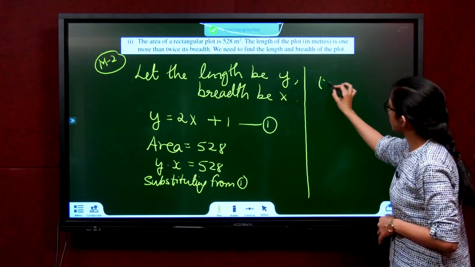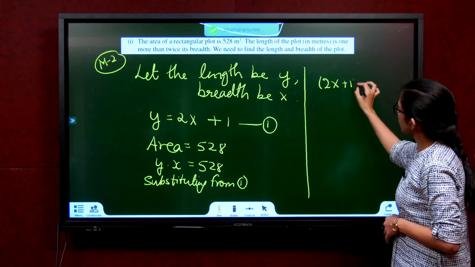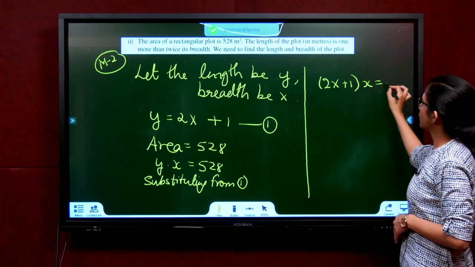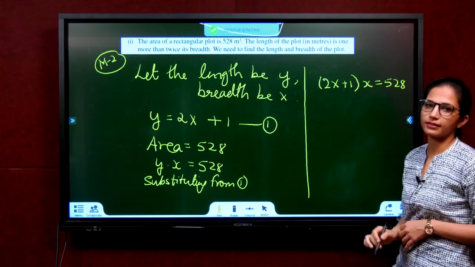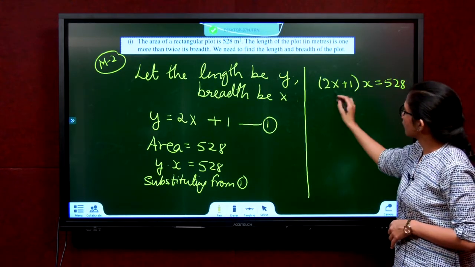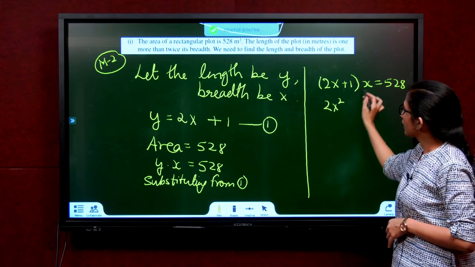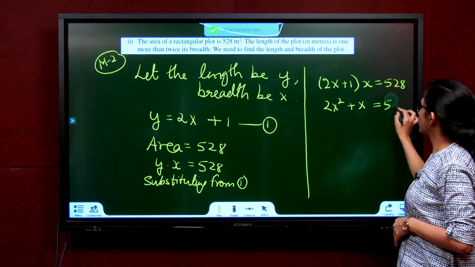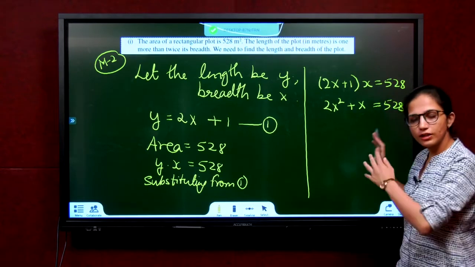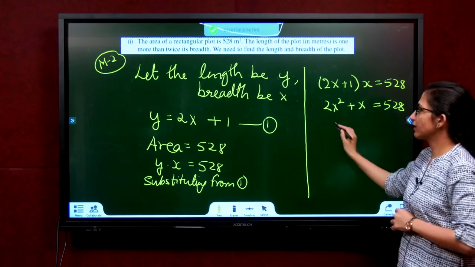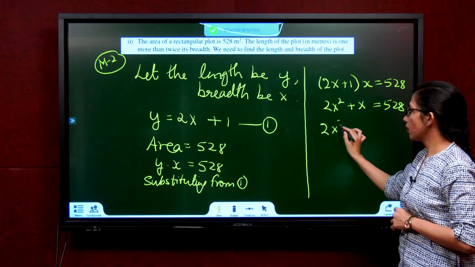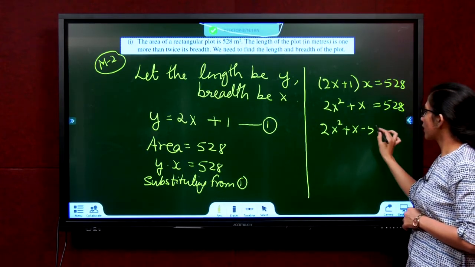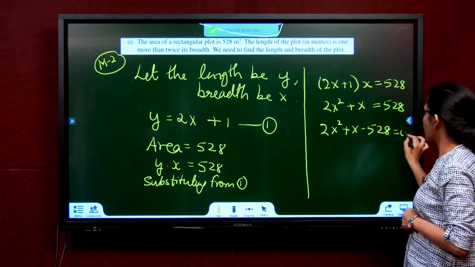So this becomes 2x plus 1, there's an x, is equal to 528. Multiply: 2x square, x into 1, plus x is equal to 528. 528 comes from right hand side to left hand side. 2x square plus x minus 528 is 0.